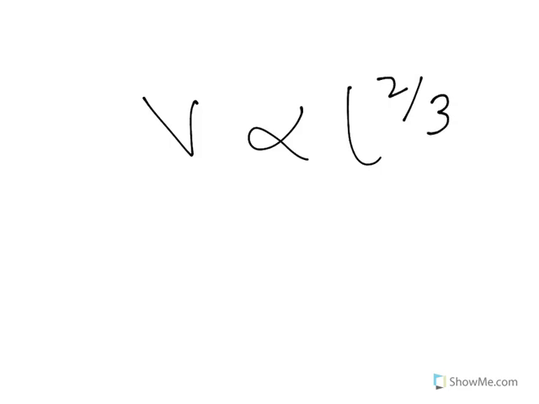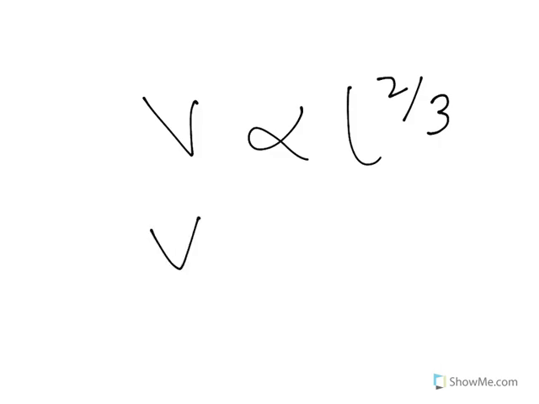It also relates to the common sense video that I made, where if you know the proportionality of something, then you know how one thing behaves based on the other. So let's go back to my completely random example that the velocity of an object is proportional to the length to the power of 2/3. Now I've completely made this up, but from this relation we expect that as length increases, the velocity also increases.